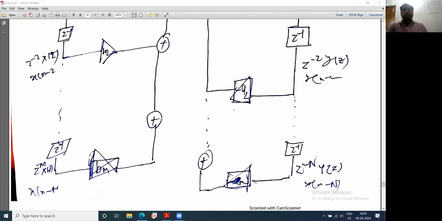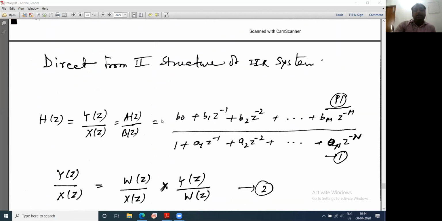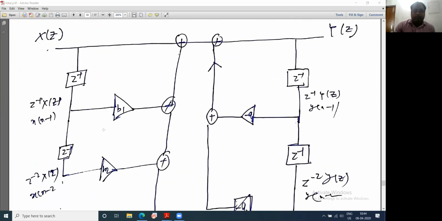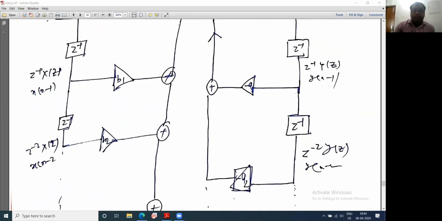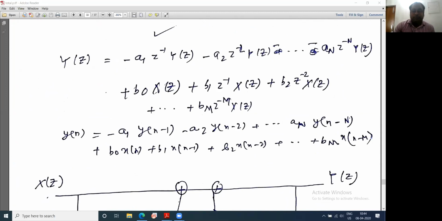Now, we will go forward to the direct form 2 structure. What is the problem in the direct form 1 structure? The number of delay elements is more. If you look at the number of delay elements, on the output side you have n number of terms, and on the input side you have m number of terms.